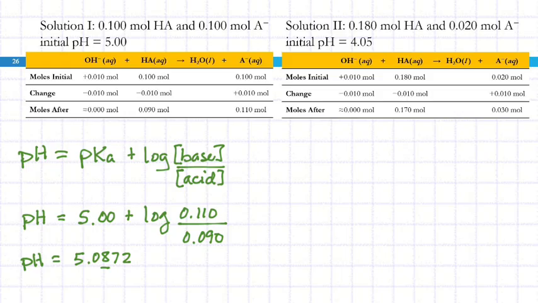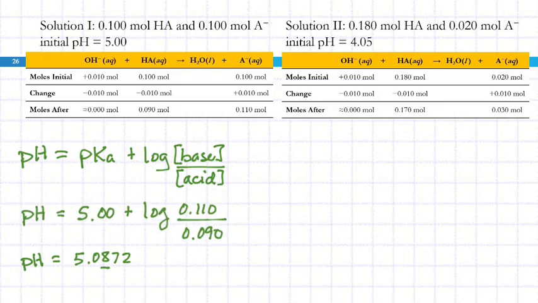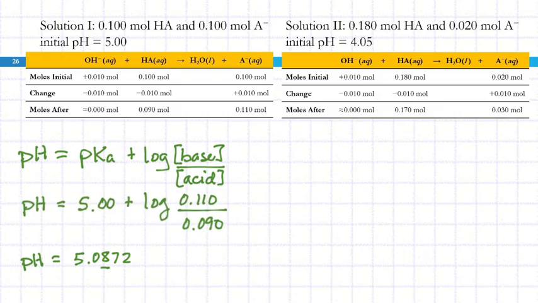And what they wanted us to find was the percent change. Having some technical issues here. I didn't leave enough space. So percent change would be the difference between the two divided by the original value.